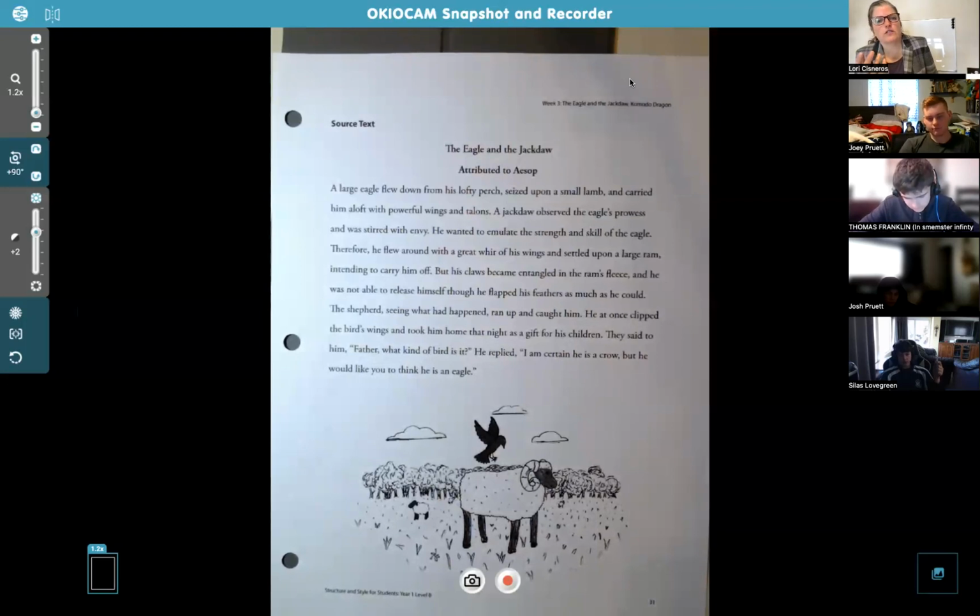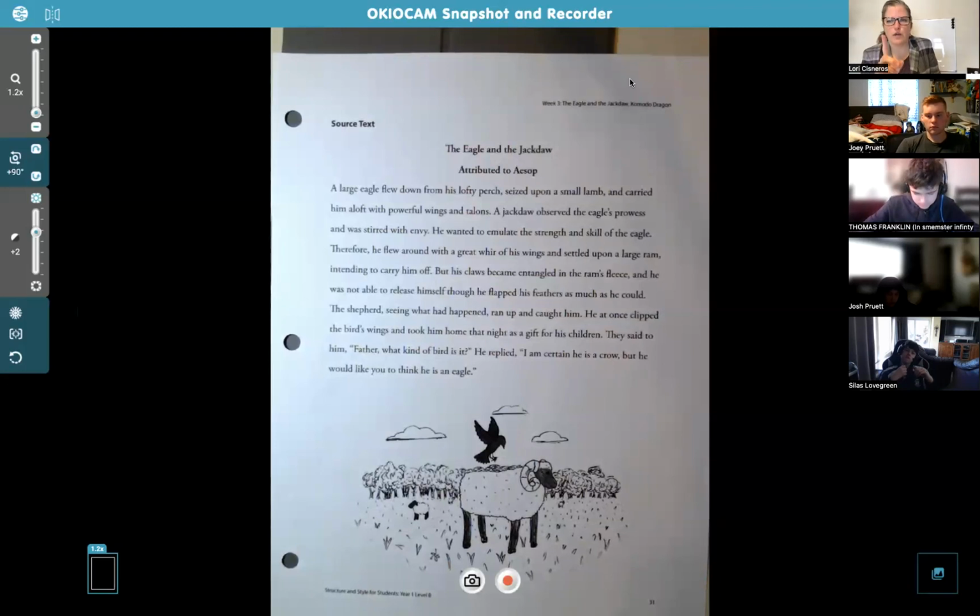A large eagle spotted the lamb, and I liked how you avoided using saw. We haven't really talked about banned words yet, but we will. I think it starts next week where you can't use see or saw anymore because those are plain. So I like how you said spotted. It gives it more of an image to the reader. So good job with that, Joey.